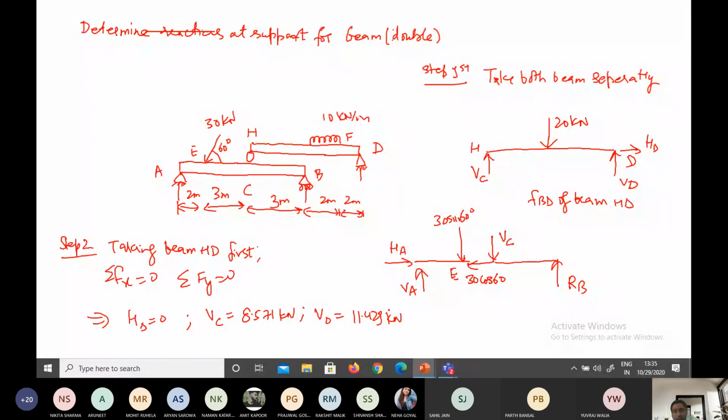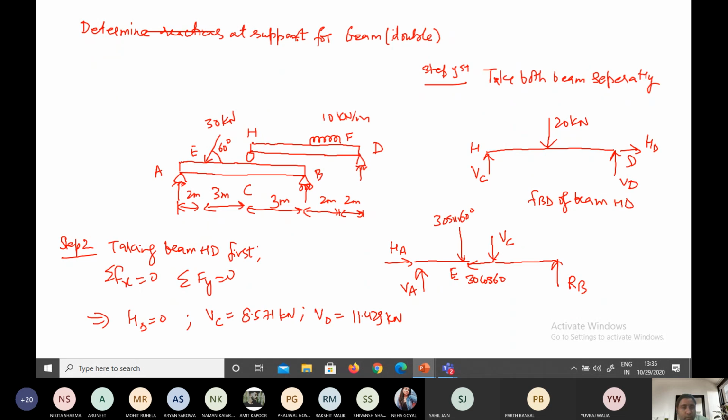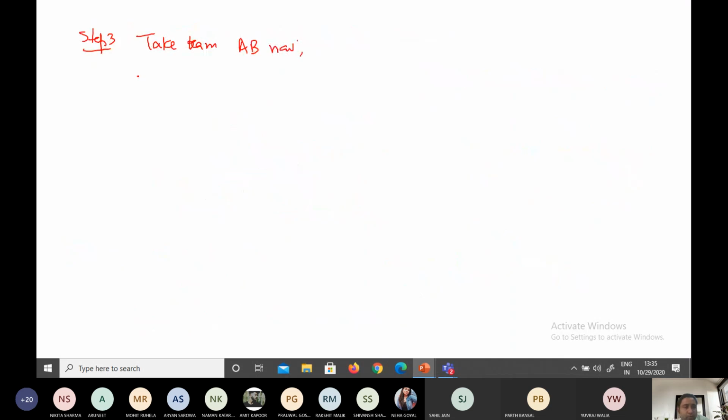Fine. Then step number 3, take the second beam, that is AB. Then apply equation of statics, summation Fx, summation Fy and moment.